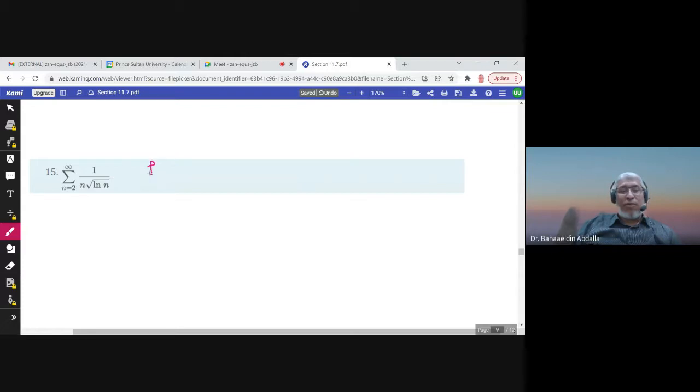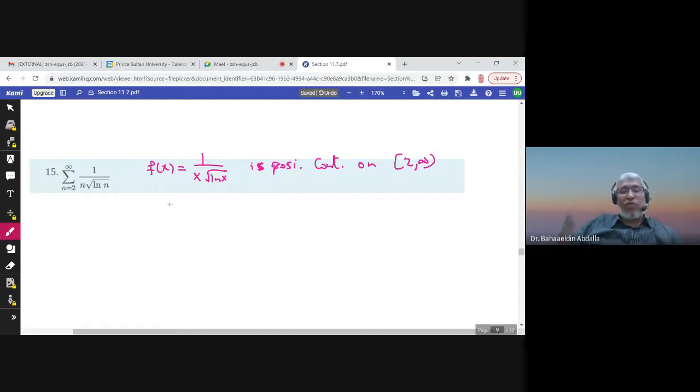So let me consider the function f of x equals 1 over x square root of ln x, and this function is positive, continuous from 2 to infinity, because x starts from 2, ln 2, I have no problems with continuity, or it's positive.